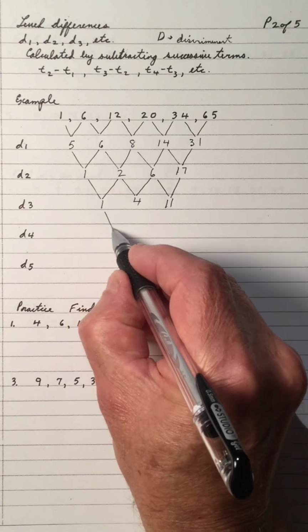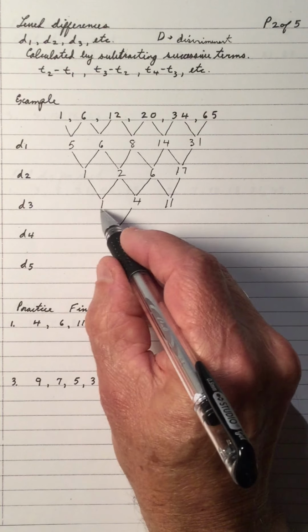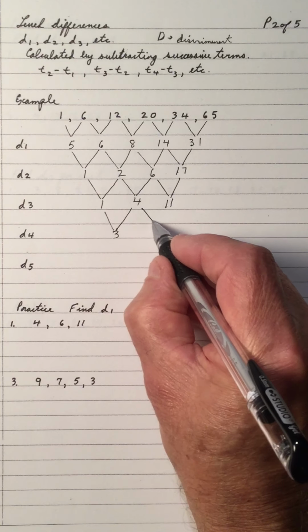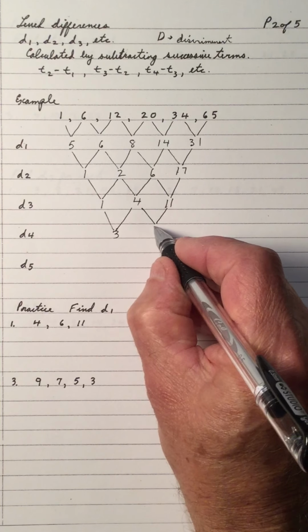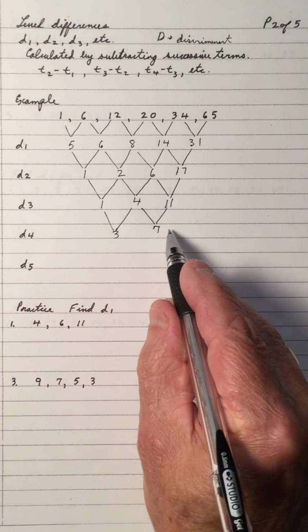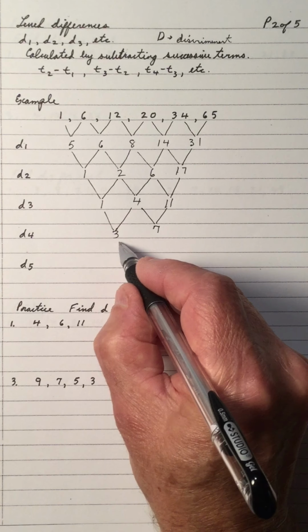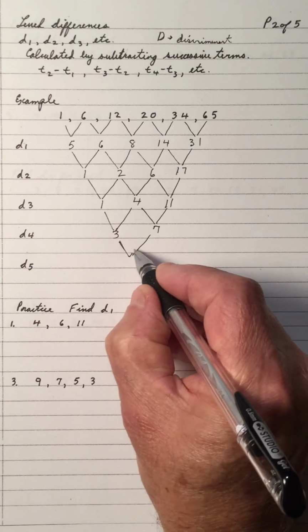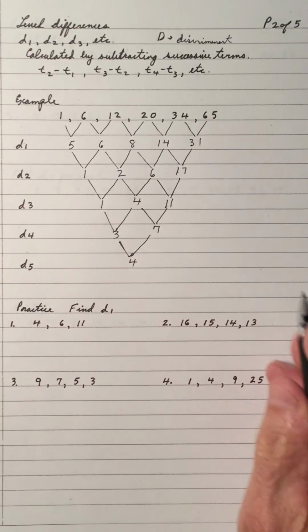Now we're going to go to the fourth level difference. 4 minus 1 is 3. 11 minus 4 is 7. Fourth level differences. And we have 7 subtract 3 is 4.